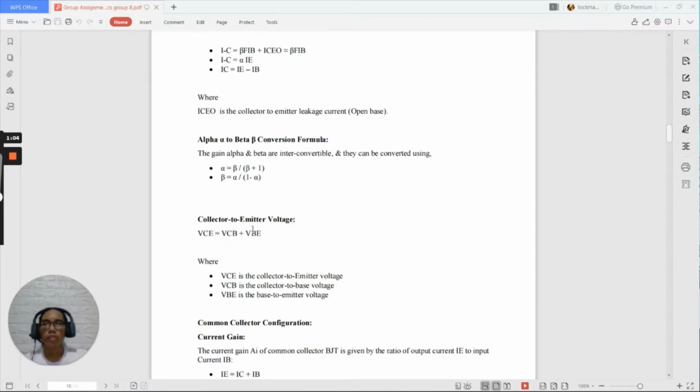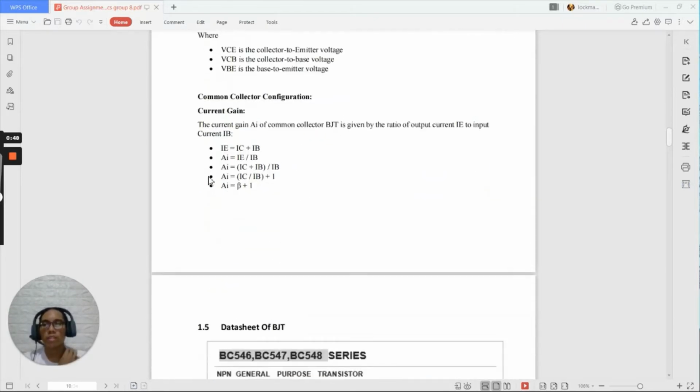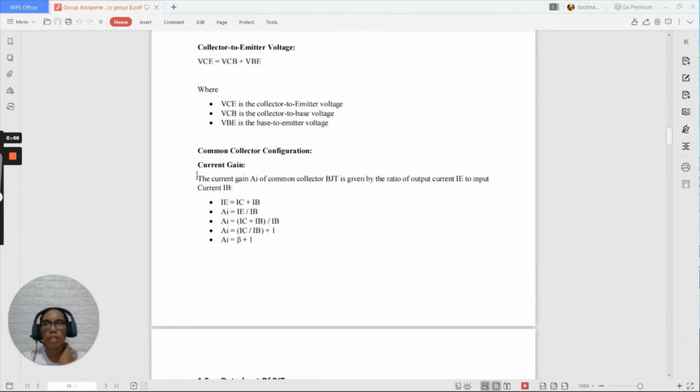Next we have collector to emitter voltage, which is VCE equals VCB plus VBE, where VCE is the collector to emitter voltage, VCB is the collector to base voltage, and VBE is the base to emitter voltage. Last, we have the common collector configuration, which has current gain.